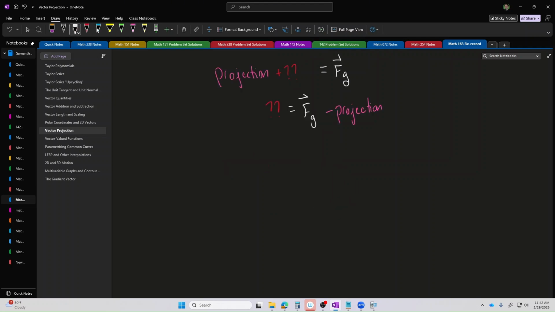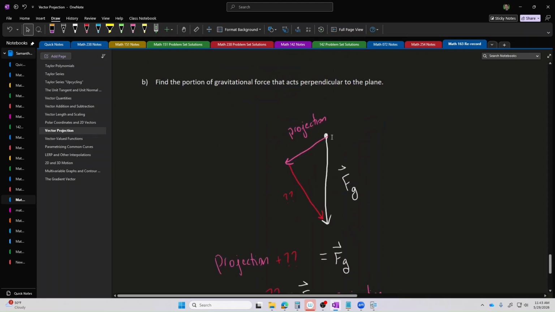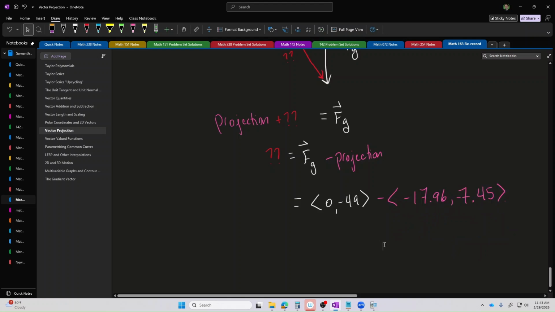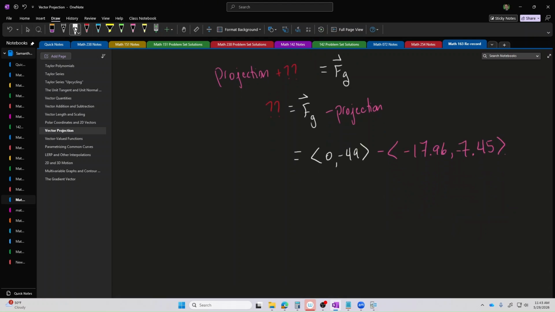So to that end, I can now fill in my gravitational force vector, 0, negative 49 from earlier, and I can fill in my projection vector, this quantity from earlier. And then I just have to finish doing the subtraction component-wise.